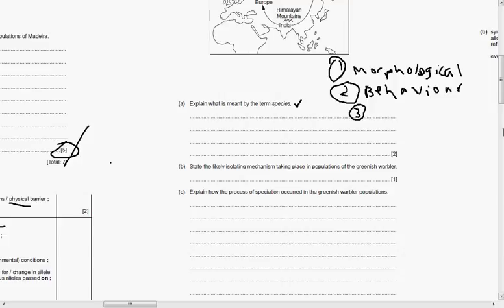And then we have behavior, morphology, and interbreeding, so they can interbreed to produce fertile offspring.